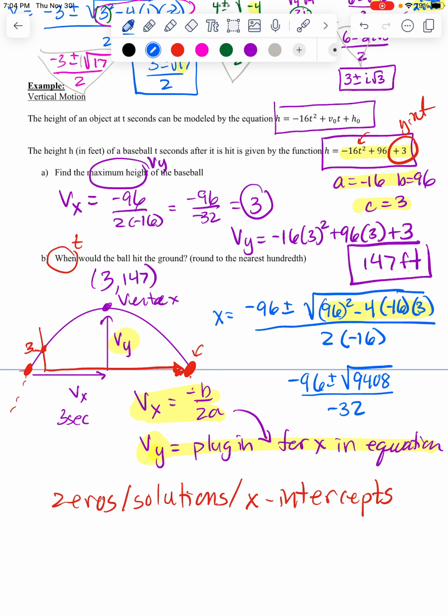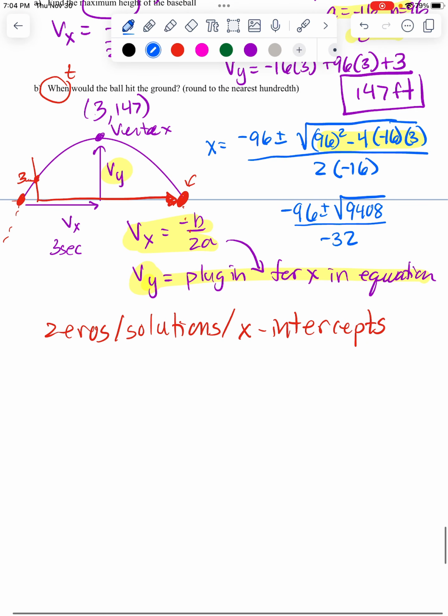All right, so of course I didn't leave myself enough room. Let's hop down here. So I have 2 scenarios to calculate because I have 2 places that it would have hit the ground. One of them is behind the hitter, so actually that one won't matter, so we won't use this one. So I got to figure out which one's which. The way I get 2 answers is from this thing.